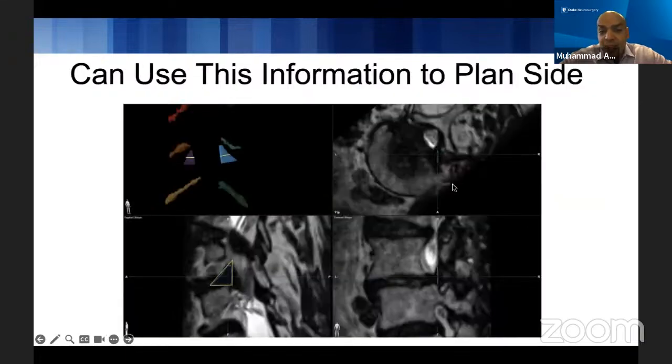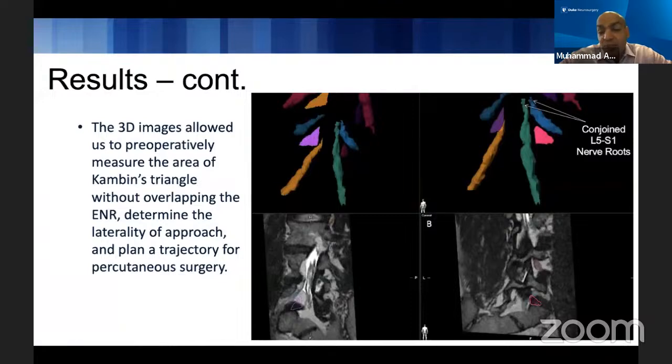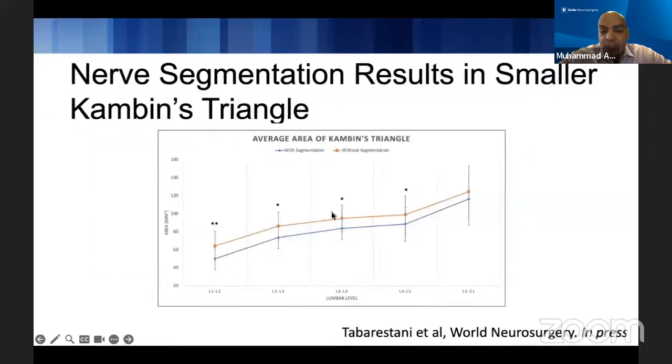When we did that, we found certain things that were really interesting. Number one is we can see preoperatively if there's a conjoined nerve root. So on this side here, we can know preoperatively, and of course, we're not going to go on that side because Kambin's triangle is going to be too small. We also found that if you take the nerve into consideration, Kambin's triangle will actually decrease, especially more proximally.